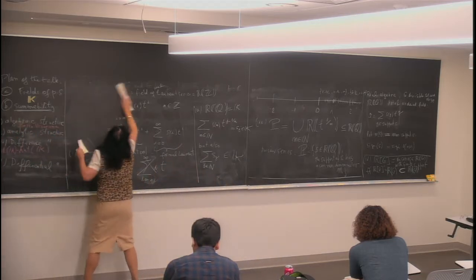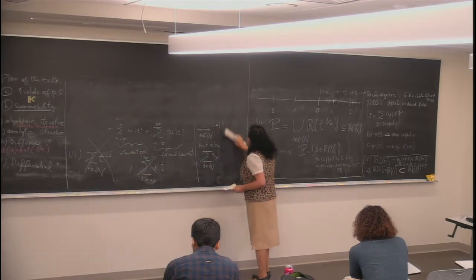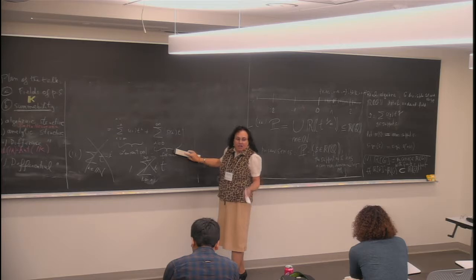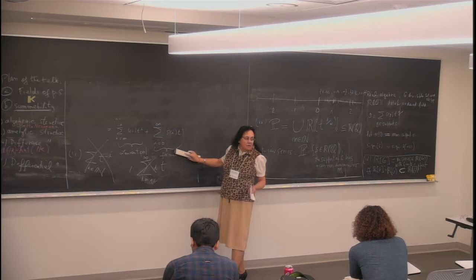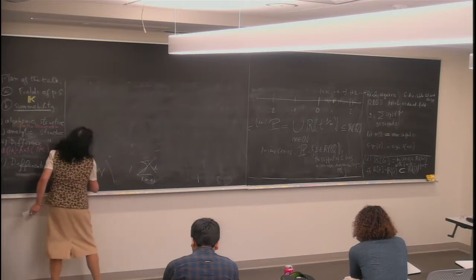Okay, so I'm going to do that now. So what is the multiplication on these fields of generalized power series? The multiplication, I'm going to define it like that. So what is the multiplication?